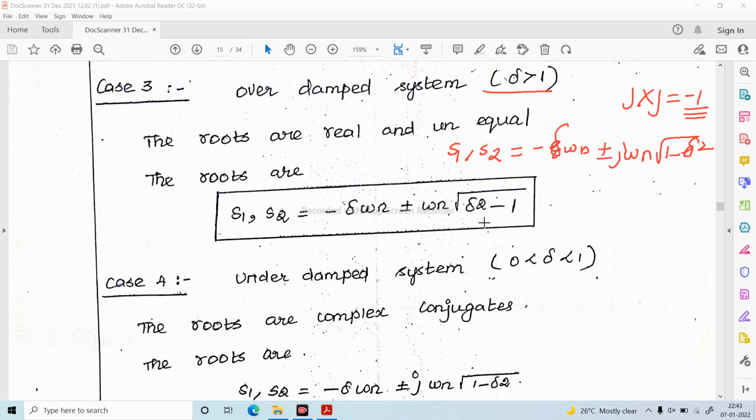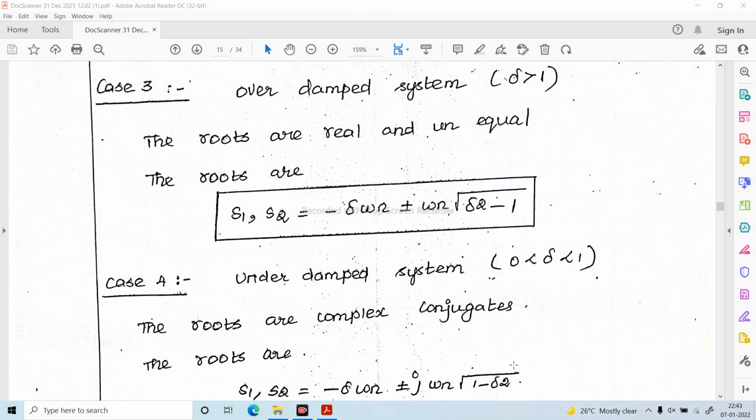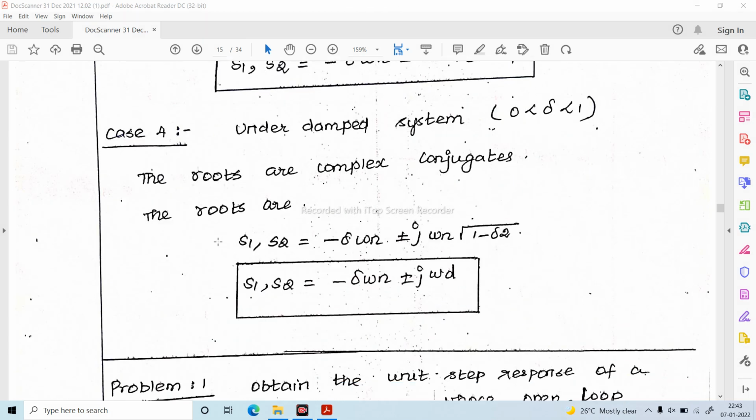And the last case is the underdamped system. For the underdamped system, the delta value is less than 1. If we substitute delta less than 1, we get the complex number only. So what about the roots? The roots of the characteristic equation are s1, s2 is minus delta omega n plus or minus j omega n into square root of 1 minus delta square.